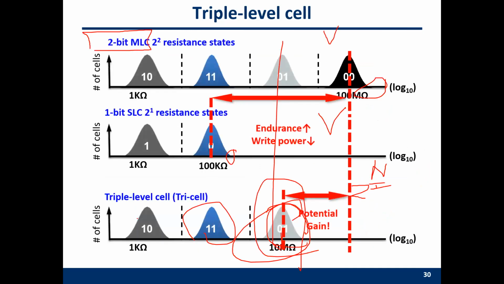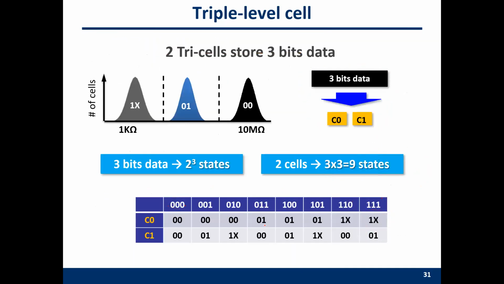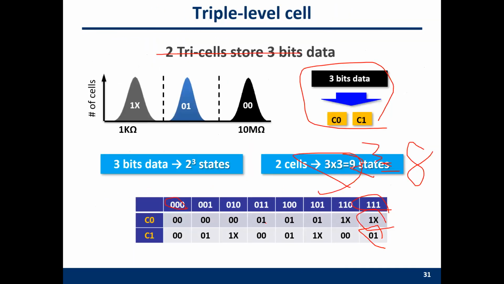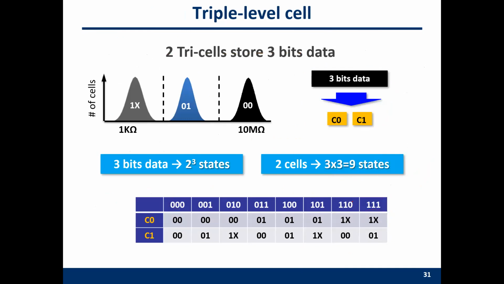You can just assign 3 different names to 3 different states, in any combination. It doesn't matter. You just need 2 cells to represent 9 states.